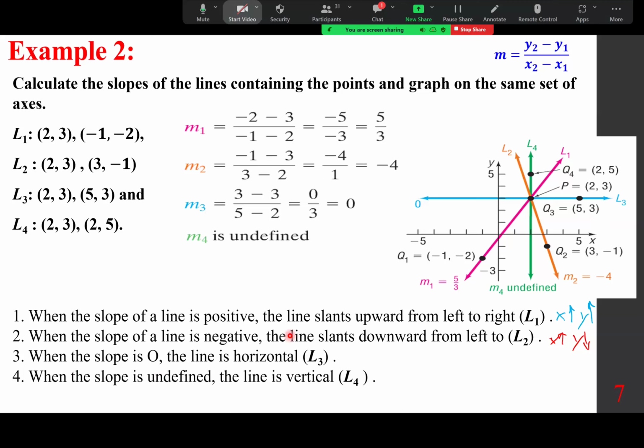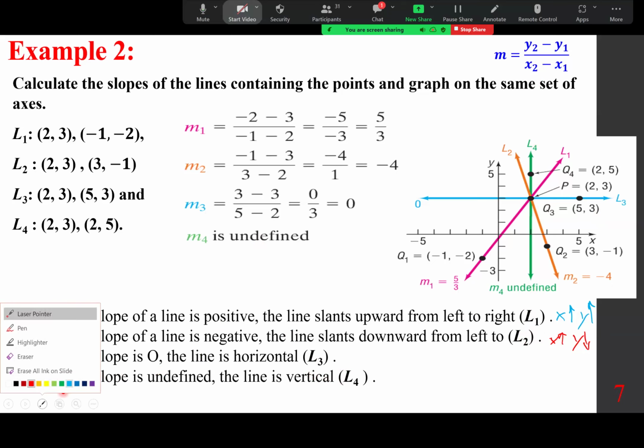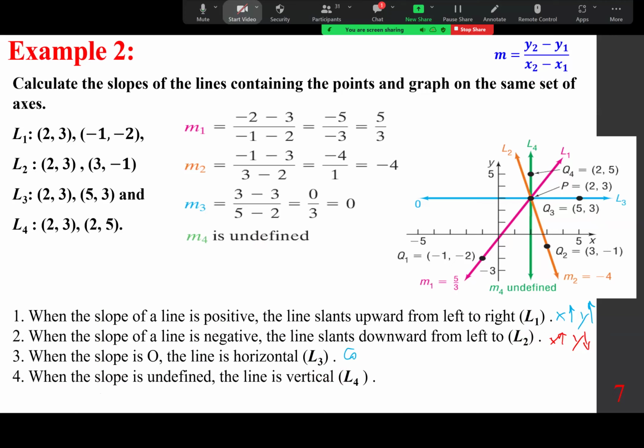When the slope is undefined, you have a vertical line, in which case the x coordinates do not change. So this is increasing, this is decreasing, and this is a constant function, if you will. And this, a vertical line, is not a function.